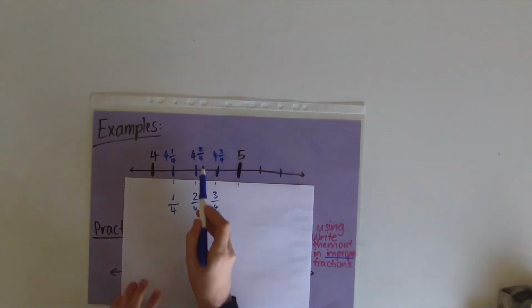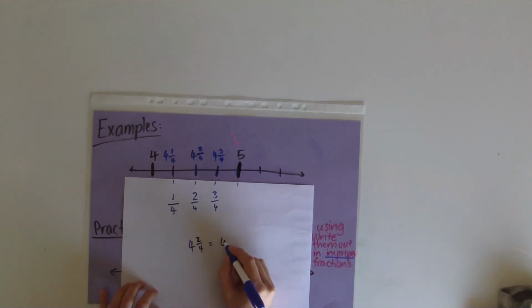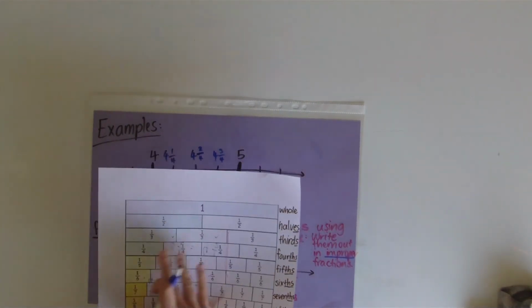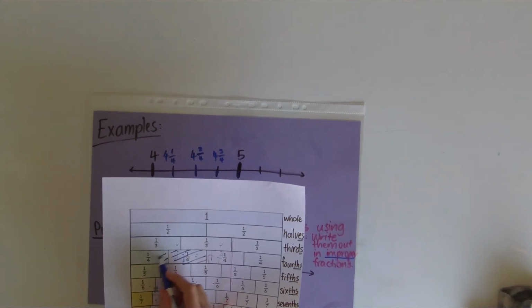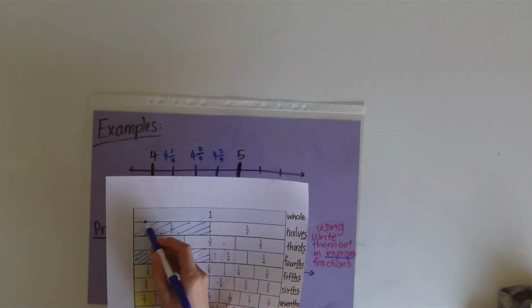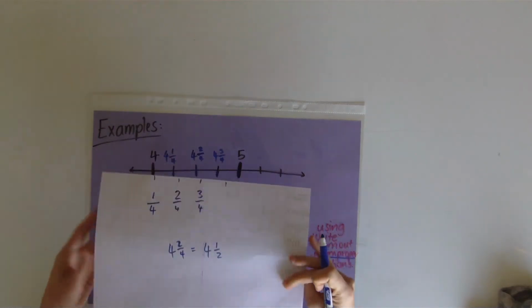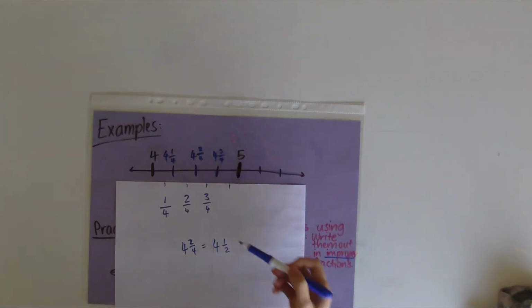And 4 and 2/4 is the same as 4.5, and that is because, just looking over on our fraction wall, I know it's a little bit covered over here, but we've got 2/4, so 1/4, 2/4 is the same as 1/2 on our fraction wall here. So we could write it like that, or with the half, or with the 2/4 there.